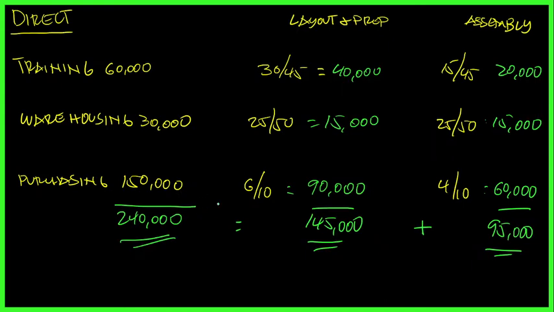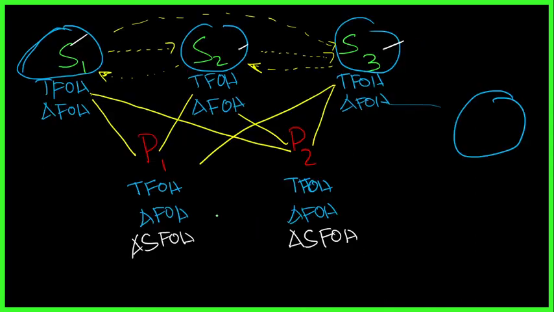So what we are actually doing now is this part. Let's go back. How we are allocating the total factory overhead from S1, S2, and S3 to your production departments, using the direct method.